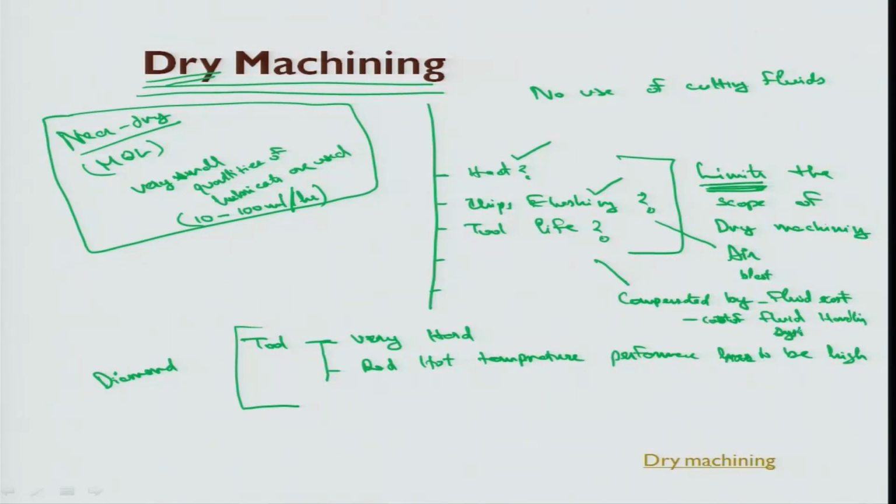This is actually a one time cost, but some of the cost is already compensated. However, dry machining cannot be applied to the tools which have titanium or chromium or nickel based alloys.